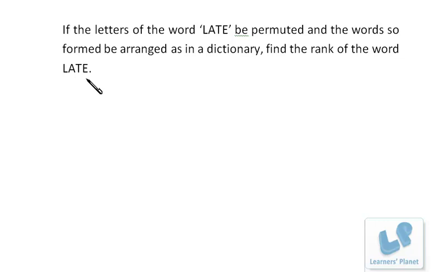So, if we go according to the dictionary, there are 4 letters. At the first place, first of all, A will come. All the words from A will come, then from E, and then L, and then T, right? Okay, so first of all what we do is we just find out the total number of words when A is at the first place.